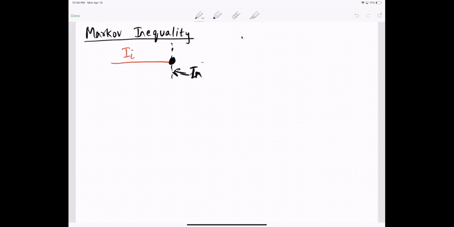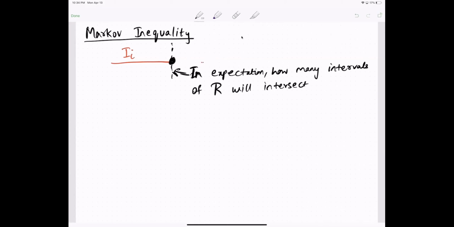Something's off with my iPad today, excuse me for that. In expectation, how many intervals of R will intersect this point BI?